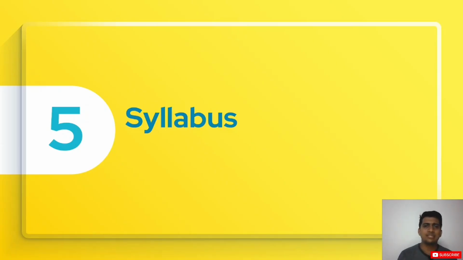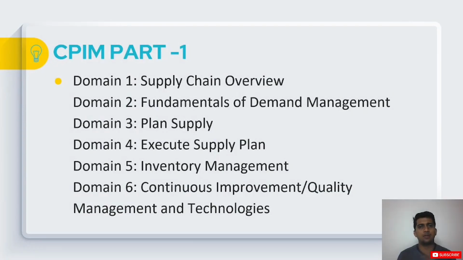Hello everyone. In this video we'll be discussing the syllabus of the CPM exam. As discussed before, the exam is divided into two parts, CPM part 1 and CPM part 2. CPM part 1 will discuss more of the basics of supply chain in general, and in detail a little bit about production planning, demand planning, and S&OP planning, and it will touch base upon logistics, purchase and supply planning.